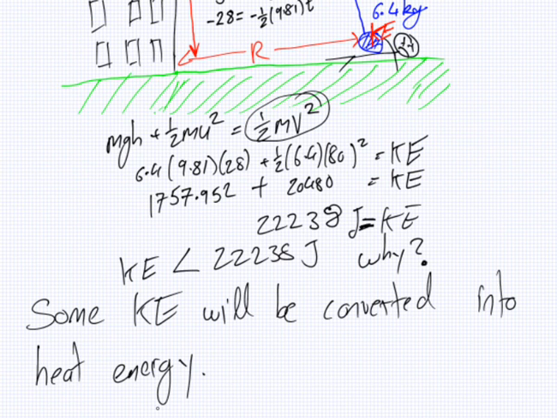Alright, the last part. The real answer, they say the real kinetic energy will be less than 22238 joules. And the question is why? Does anybody know? Yeah, the air resistance slows it down. So where is the energy lost? What does the energy change into? Very good.